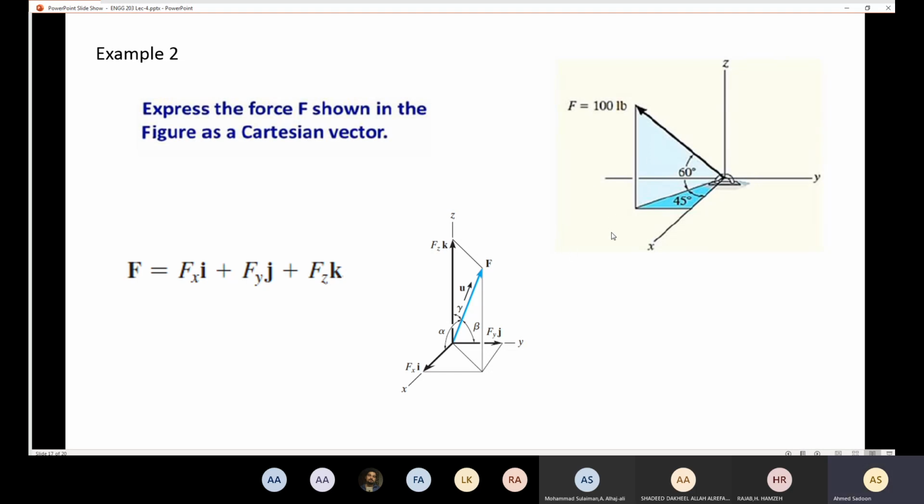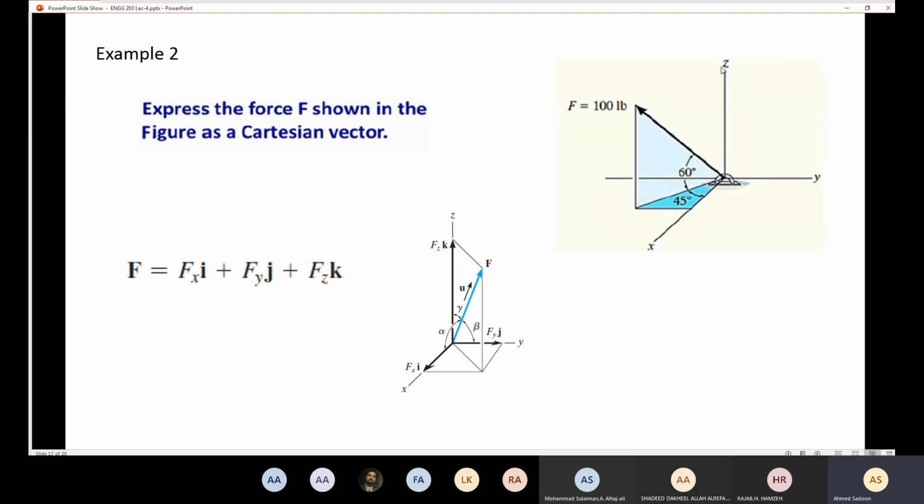Of course, it's very easy if you recall the previous lecture. The force in z dash is going to equal 100 pounds multiplied by cosine 60. And the component in z is going to equal 100 pounds multiplied by sine 60. Now I have decomposed or resolved the force into z and z dash. This is step number 1.